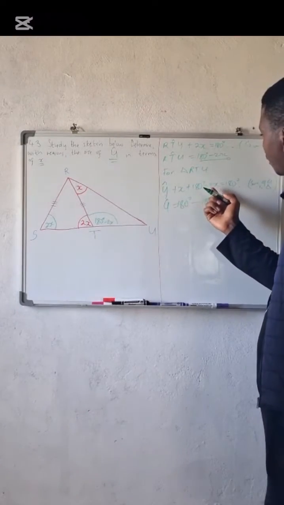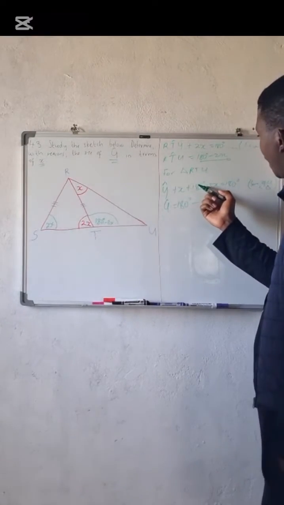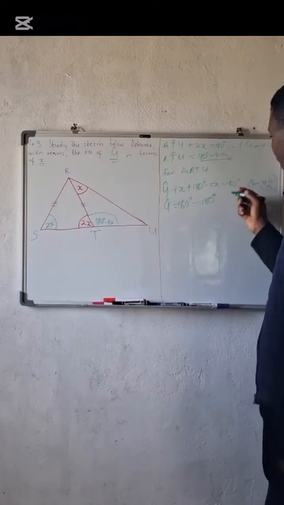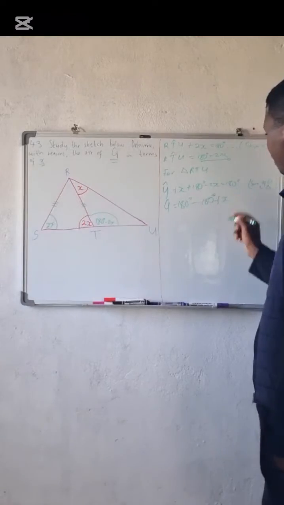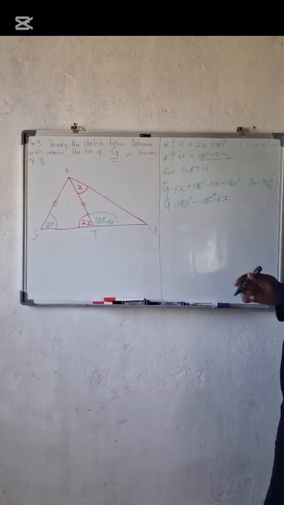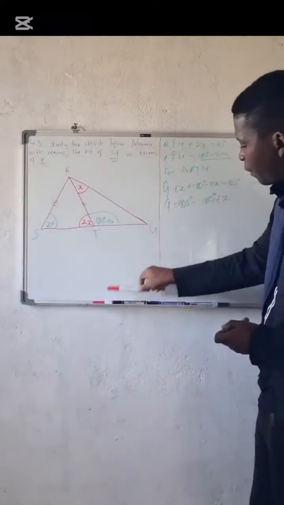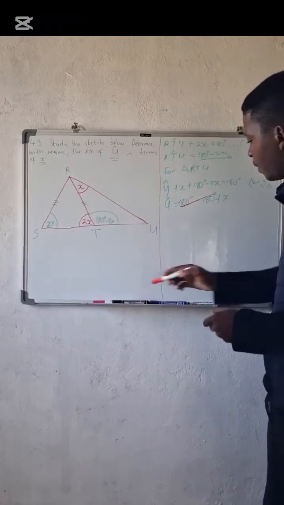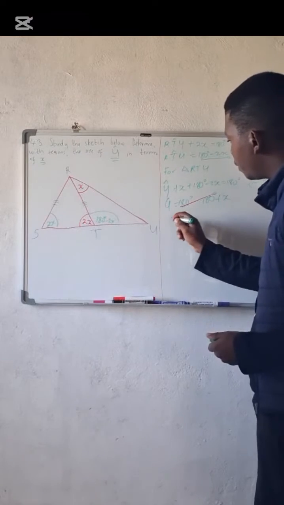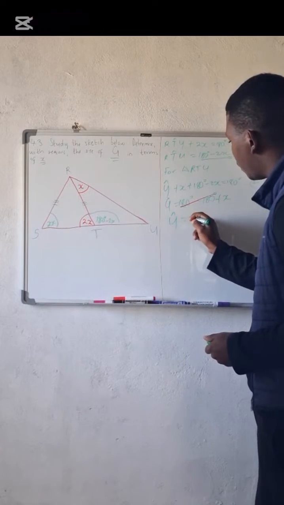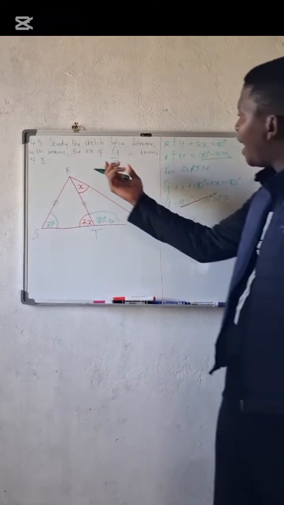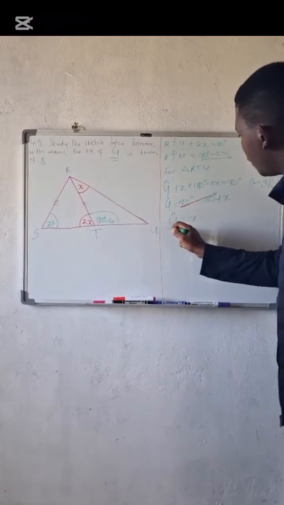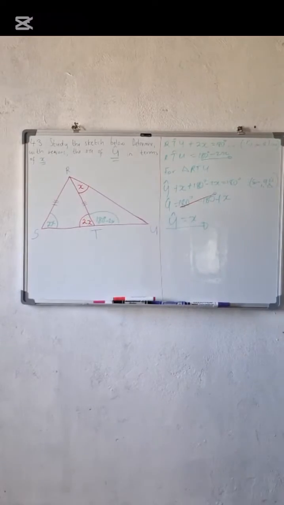What is x minus 2x? This is minus x. Taking it to the right is going to be positive x. Now focus: what is 180 minus 180? It's 0, so they cancel. So my u is equal to x. So I have written u in terms of x. Our u is equal to x.